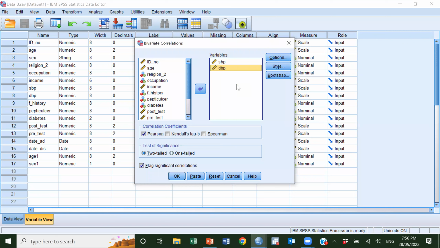Have you done it? Yes, sir. Okay. So remember that for correlation, if we only want to see correlation, it does not say which one is the dependent variable and which one is the independent variable. It's not necessary to demarcate that.